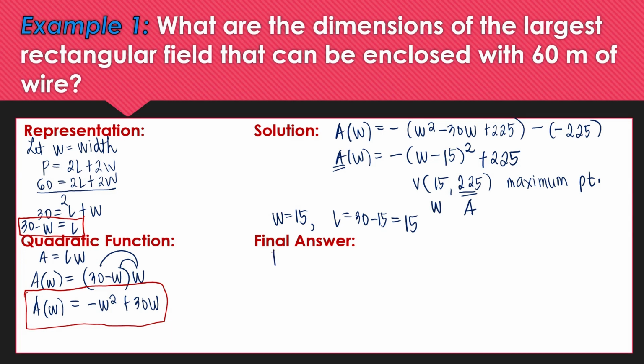The dimensions are 15 meters and 15 meters. So the length and width are the same. Since they are the same, we can say that the largest rectangular field that can be formed is a square. So that's it for example number 1.